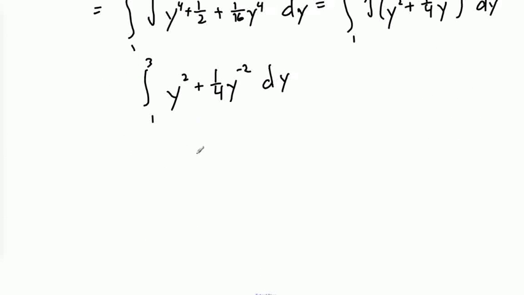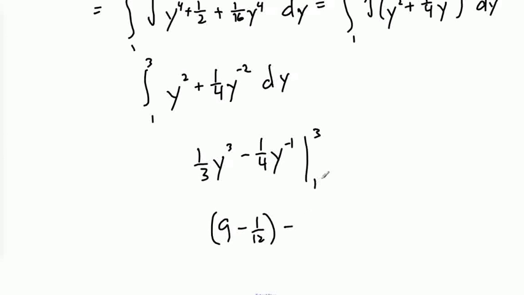If I integrate this, I get 1/3 y cubed plus, that's going to be minus, 1/4 y to the negative 1, evaluated from 1 to 3. If I plug a 3 into here, I get 27 divided by 3, which is 9, and then minus 1 over 3 times 1 over 4, which is 1 over 12.